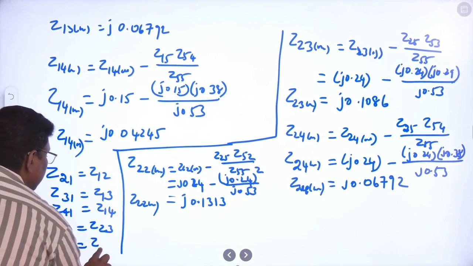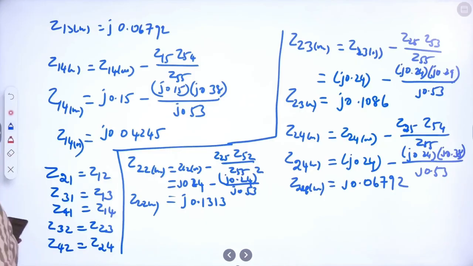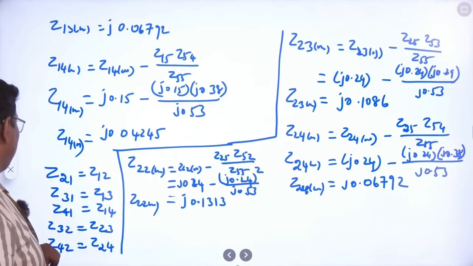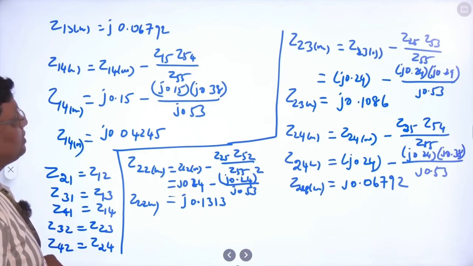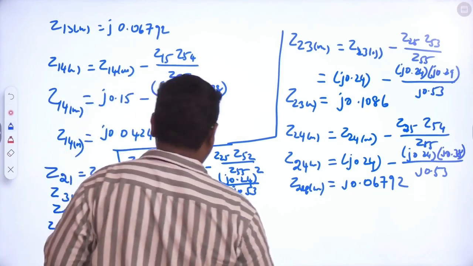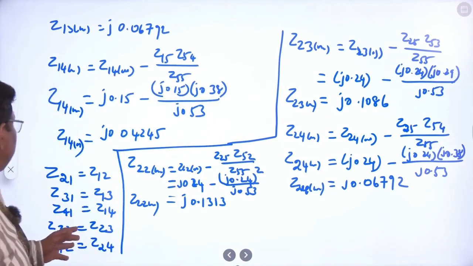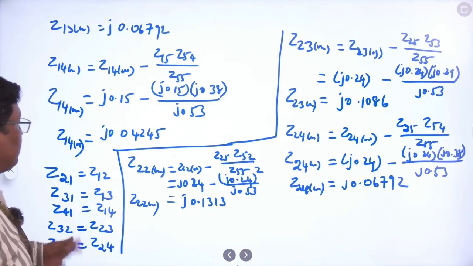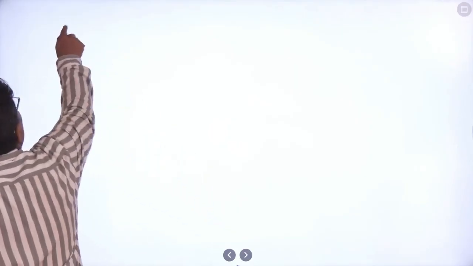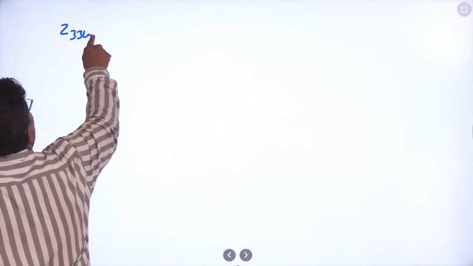Z42 is Z24. So the third one, Z31 is available. Z32 is also available. The only thing is we find out Z33, Z34, right? So okay, in this next step we find out directly Z33 value and Z34 value.